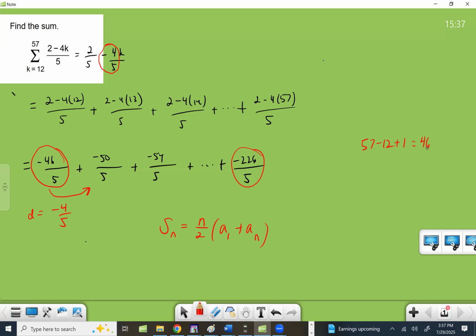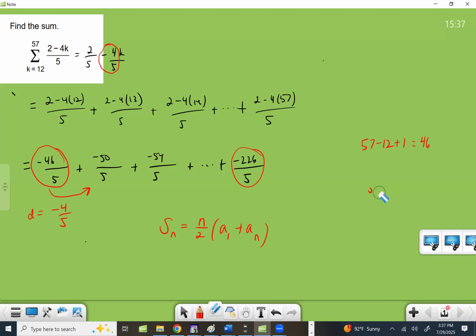Why the add 1? Think of something obvious, like going from 1 to 5. We know that's 5 terms: 1, 2, 3, 4, 5. But if you subtract, you get only 4. So you have to add back the 1 to genuinely have 5 terms. Make sure you do that plus 1 bit.